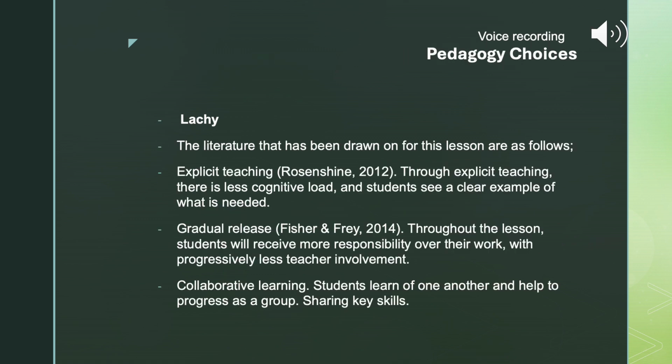For our pedagogy choices, we've got a few parts of literature that have been drawn on for the lesson. We have the explicit teaching from Rosenshine. Through explicit teaching, we're looking to reduce the cognitive load of students, as well as show a clear example of what is needed. We also have the gradual release from Fisher and Frey.